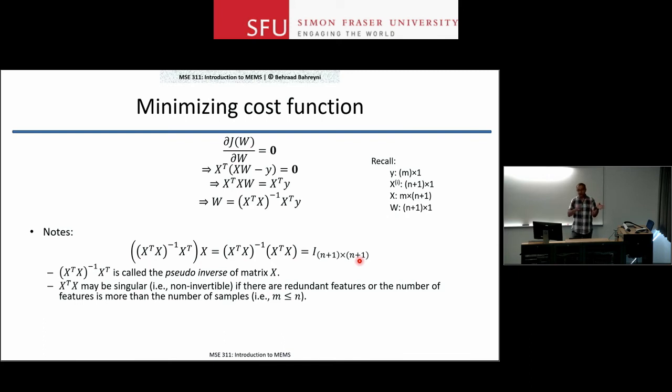And because you have more variables than equations, you cannot find a set of values for all of your variables, in this case your weights. So if you have too many features, you may not be able to invert that matrix either. And this is where it shows: if m is less than n, that shouldn't really happen. If that happens, it just tells whoever is on the other side of the table that you do not know what you're doing, right?